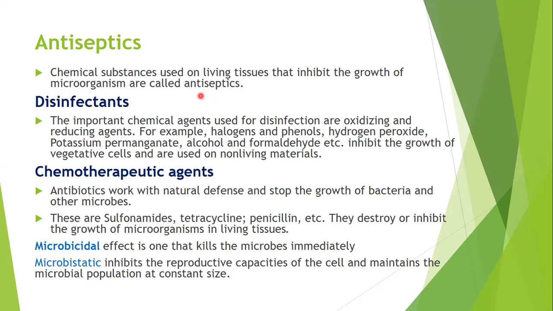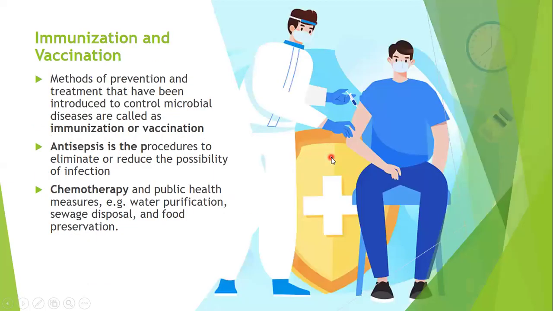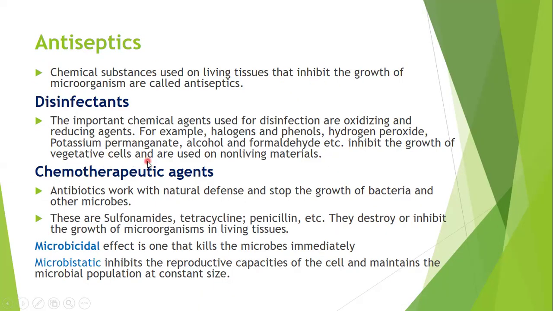The disinfectants, the important chemical agents used for disinfection, are oxidizing and reducing agents. For example, halogens and phenols, hydrogen peroxide, potassium permanganate, alcohol, and formaldehyde inhibit the growth of vegetative cells and are used on non-living materials.